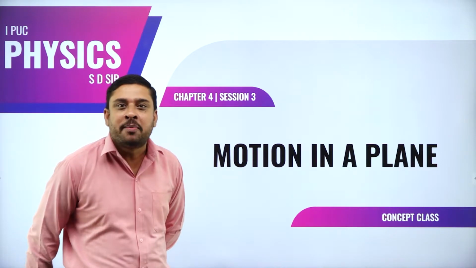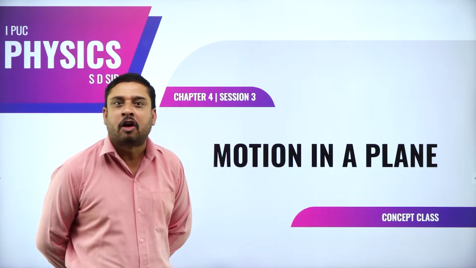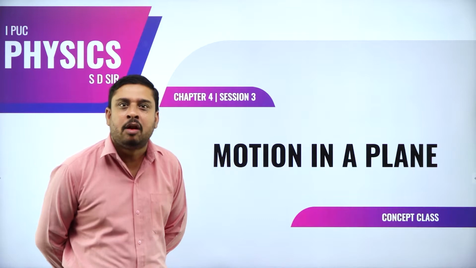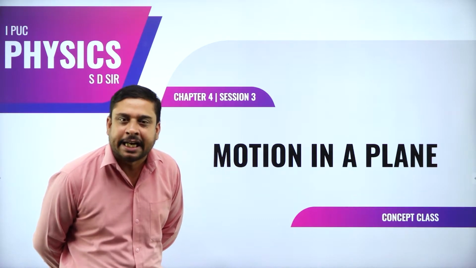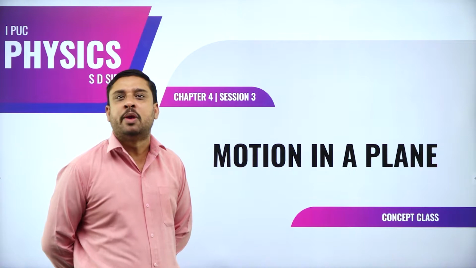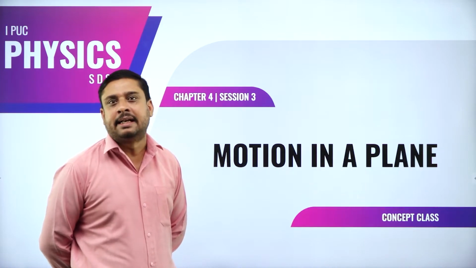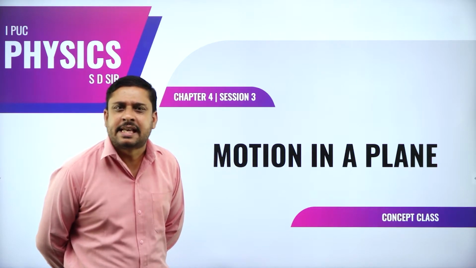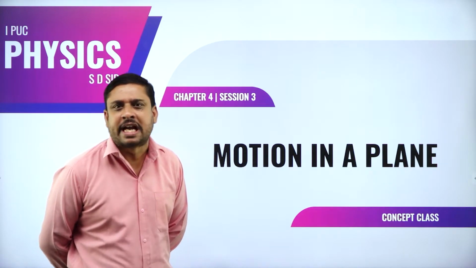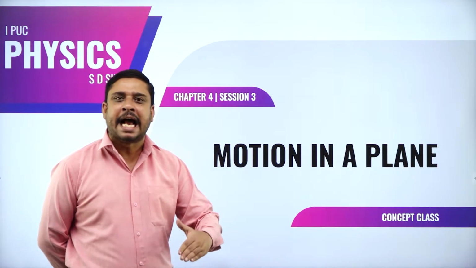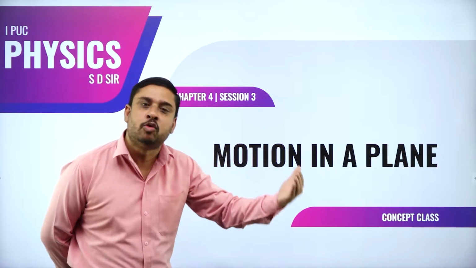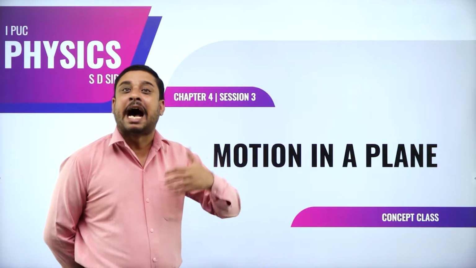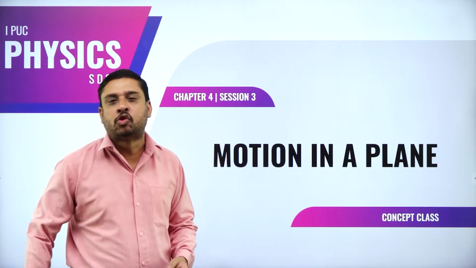So we formulated two important laws. One was called the triangle law of vector addition and the other one was called the parallelogram law. And we also studied basic properties of vector addition, saying that vector addition is commutative, vector addition is associative, and so on.